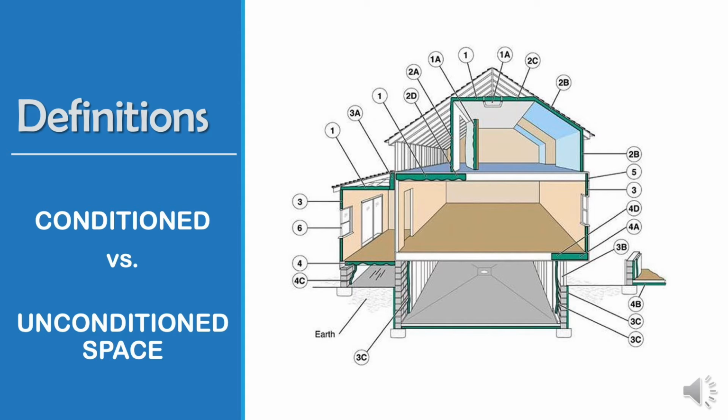Also, the fact that the basement does not show insulation between the basement and the first floor indicates that that would be conditioned space, as opposed to the crawl space, which I pointed out earlier to the left, where we see insulation in the floor between the space that people are in and the crawl space.